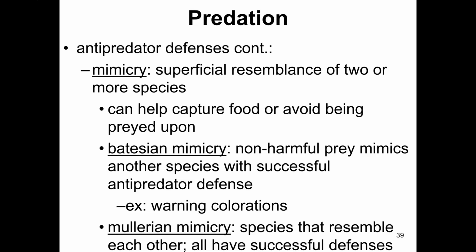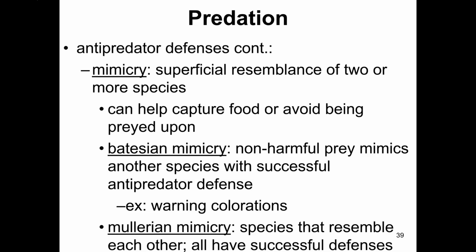So mimicry then is a resemblance to another species or more than one species, which can help one organism avoid being preyed upon. There are two forms of mimicry that we discuss. The first one is Batesian mimicry. This occurs when you have a non-harmful prey that mimics a harmful species, something that has a successful defense.